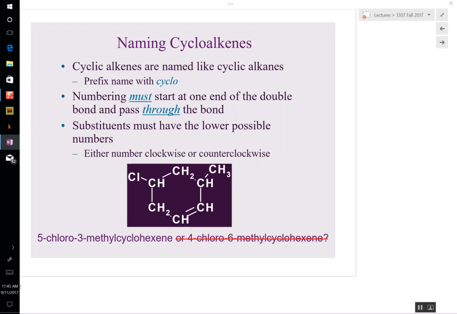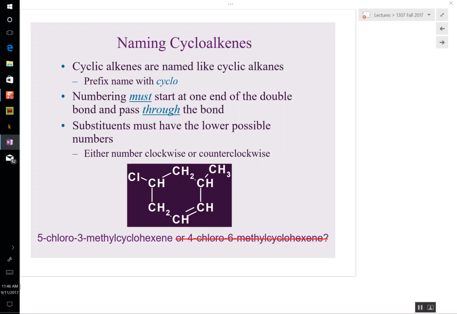So what does that mean? We got to start counting somewhere around this double bond. That's where we got to start counting. We're not going to start counting at the chlorine. If we say 1 is where the double bond begins, we have to go in that direction: 1, 2, 3, 4, 5, or we could go 1, 2, 3, 4, 5, 6.